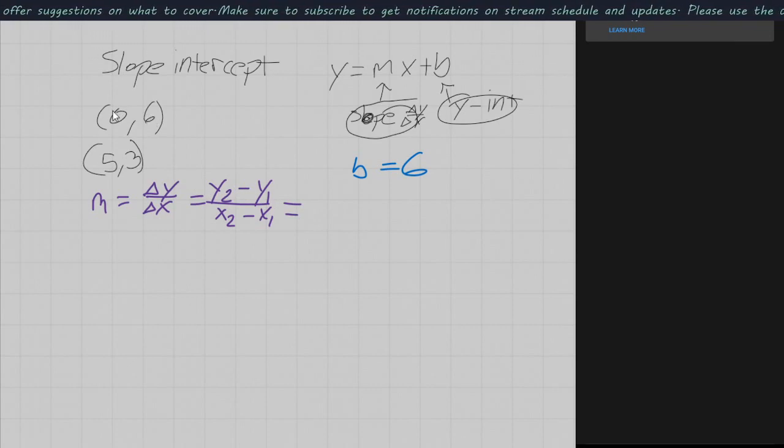So we can make this our first point or this our first point. It doesn't matter. Just because of how it's going down on the chart, I'll make 0, 6 my first point. So my y coordinate for my first point is 6, and my y coordinate for my second point is 3, so it will be 3 minus 6 over, let's actually make this easier for you to see. So I'm just going to bring this down over here.